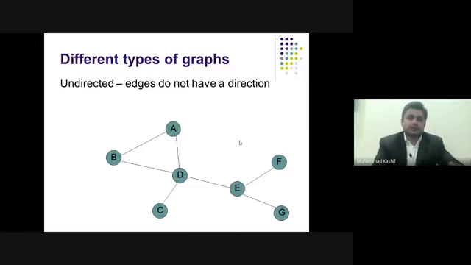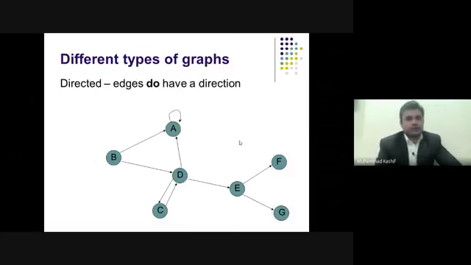Because in most situations we have directions, but in some problems we do not need to use direction. So we have directed graphs. In this particular slide, we have a directed graph, in which you can see the arrow signs.